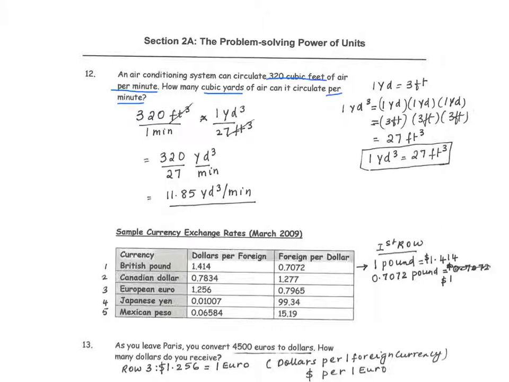320 cubic feet per minute, and we've discussed what per means. Per is just division, so 320 cubic feet divided by 1 minute.